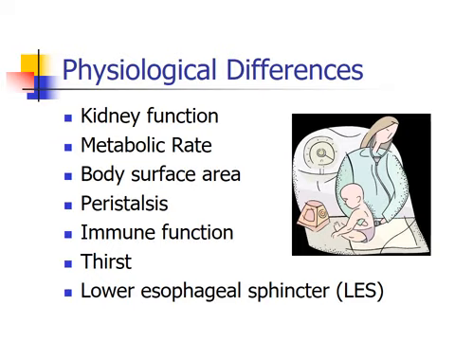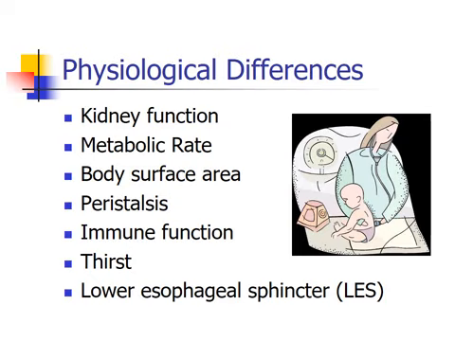Physiologic differences. We know that the kidney function is decreased at birth. They have a higher metabolic rate, also a greater body surface area. And if you recall from OB, you probably changed a lot of poopy diapers, so they have faster peristalsis. The immune system is decreased in young infants and young children, so they're more at risk for infections.